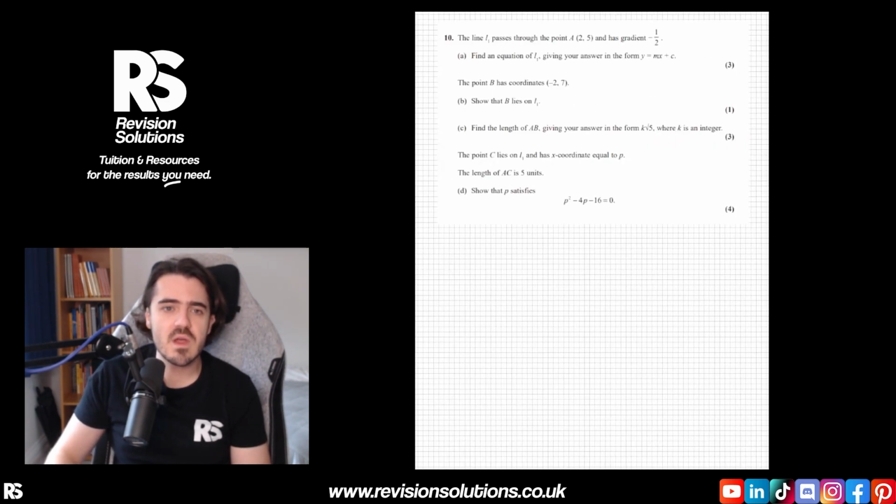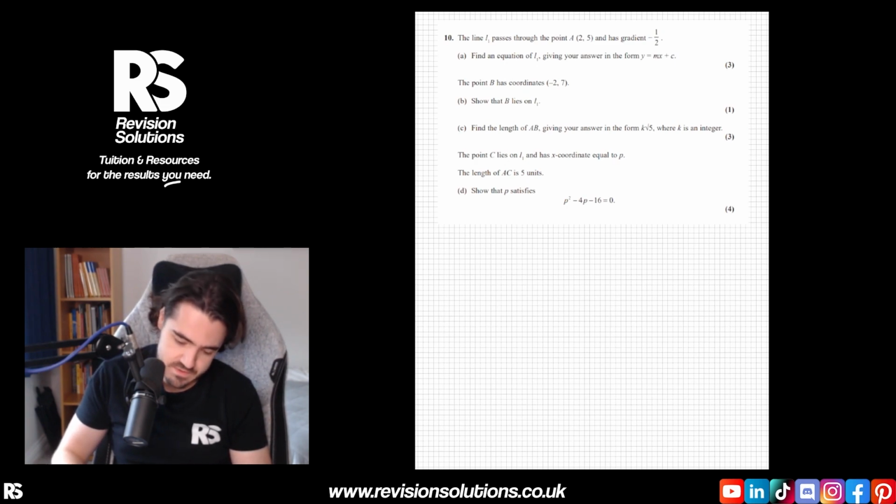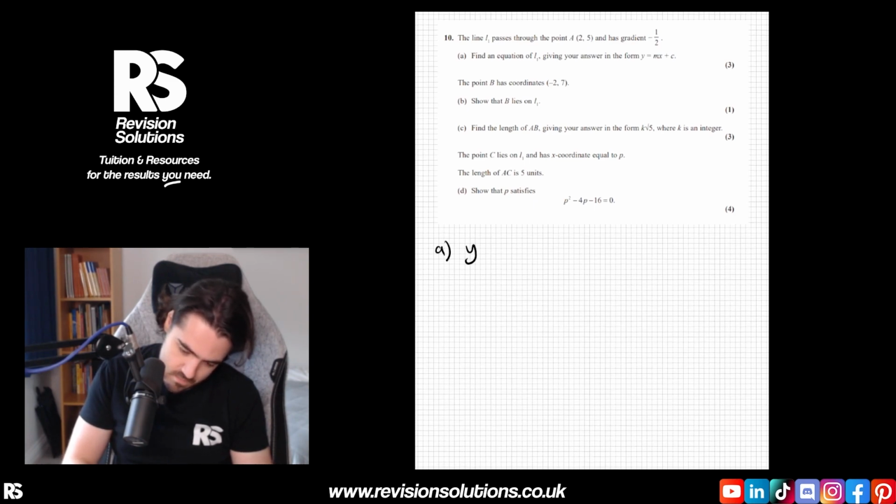Okay, then next up we've got the line L1 passes through the point A with coordinates 2, 5 and has gradient -1/2. So we just need to find the equation for that in part A. So that's going to mean that y is -1/2x plus c, and then to find c we can just plug in the point.